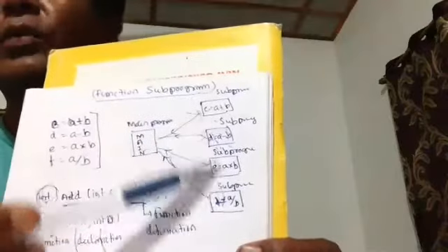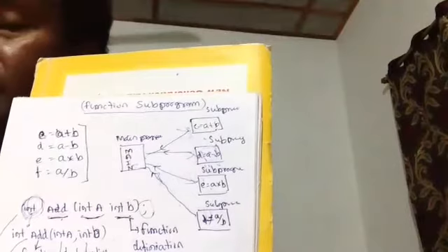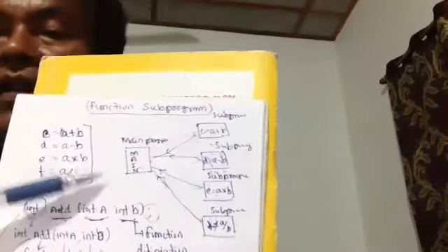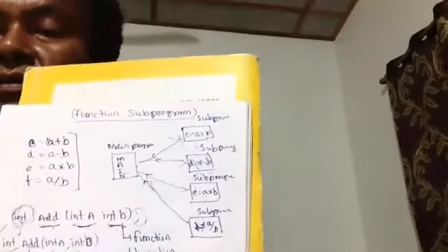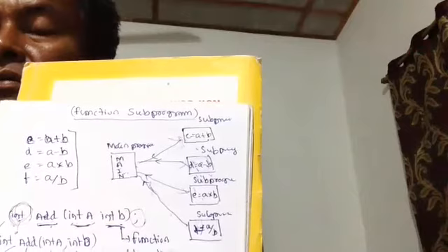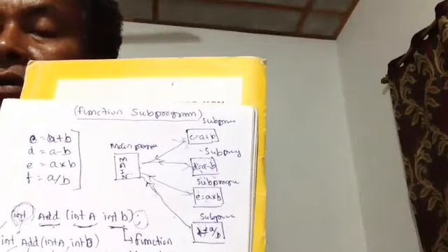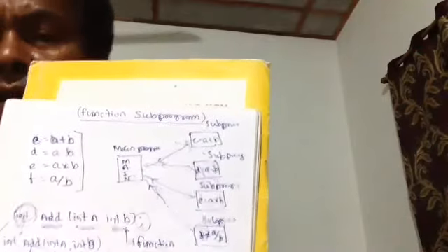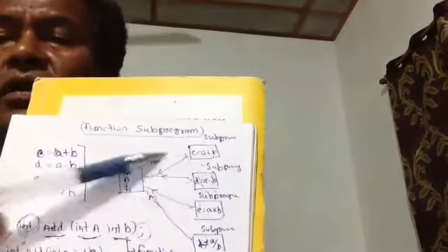In all the subprograms, what is your input? Sir, A and B. A and B. So A and B is common for all, isn't it?